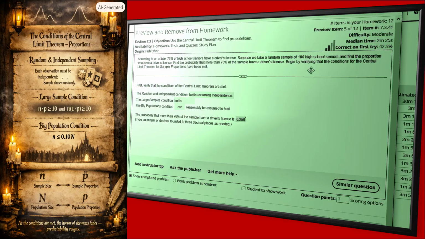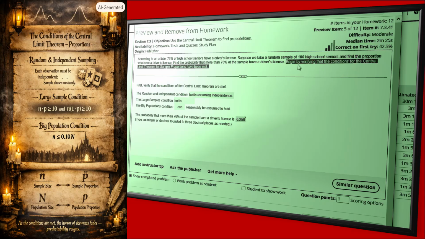We're going to use the standard error to make the normal curve on this one, and the normal calculator in StatCrunch is the way that I'll do this. We'll have a sample of 100 seniors, and we're going to find the proportion who have a driver's license. So here's where it gets different. We're going to find the probability that more than 76 have a driver's license.